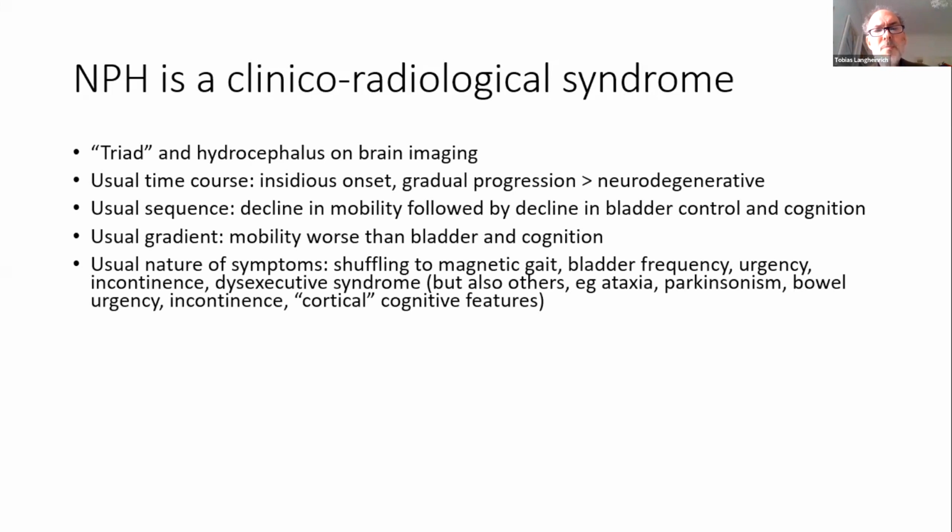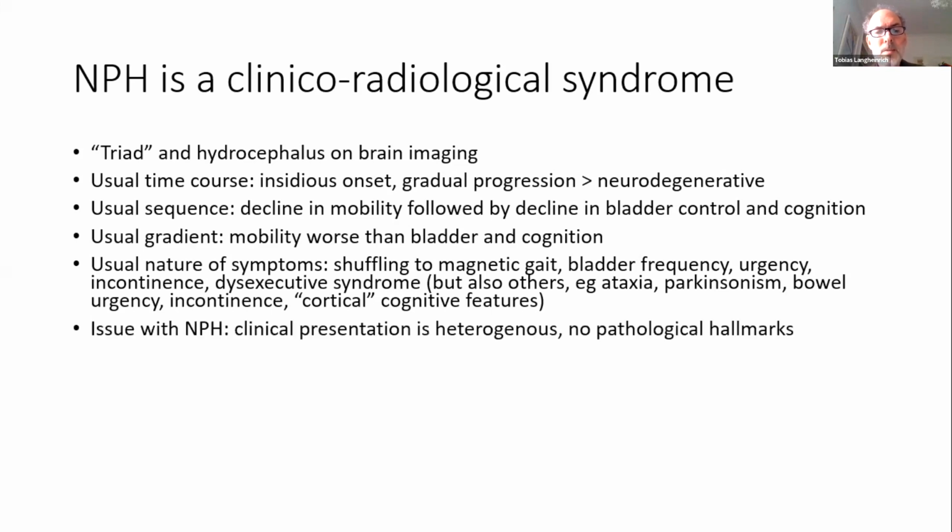The nature of symptoms usually is a shuffling to magnetic gait, bladder frequency, urgency, or incontinence. They have a dysexecutive syndrome from the cognitive viewpoint, but there are also other presentations, ataxia, they can be Parkinsonian, they can have bowel urgency, incontinence, and certainly they can have cortical cognitive features. I will come back to that later.